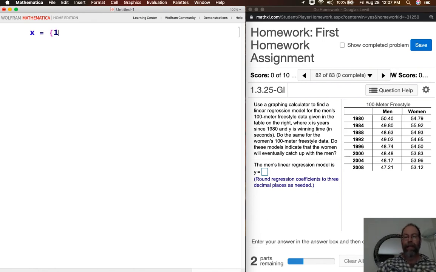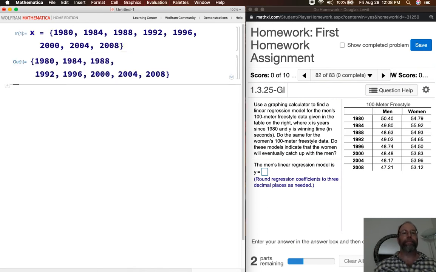So we have 1980, 1984, 1988, 1992, 1996, the year 2000, 2004, 2008. Shift Enter. Let me make sure I have the right numbers here.